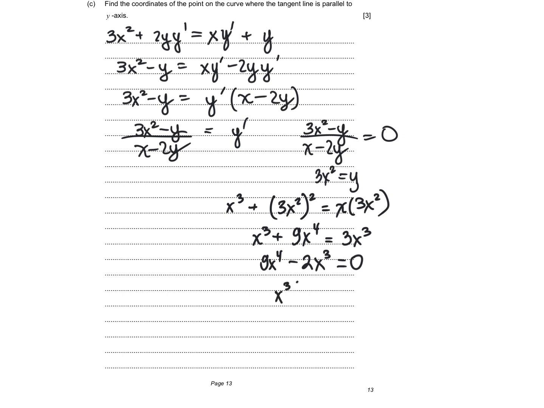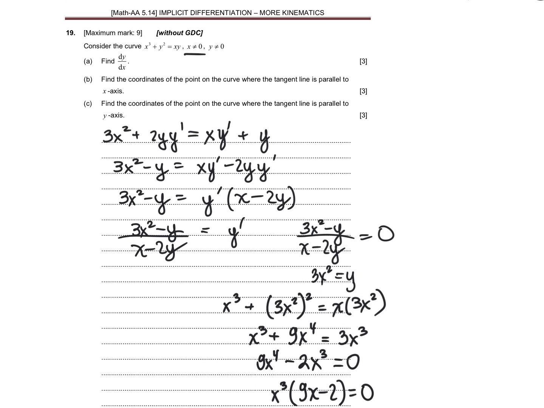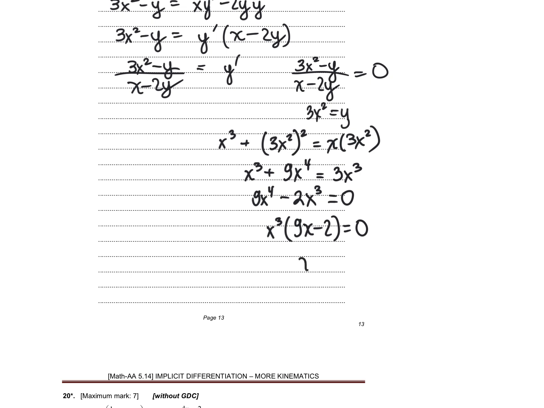Factor out an x cubed, and then we're going to have 9x minus 2. x cubed is 0, so x would be 0, but x can't be 0. So this one gives 2/9. So then we would substitute it back in to the curve.